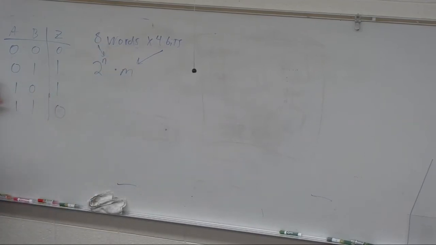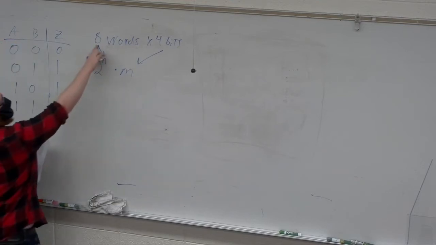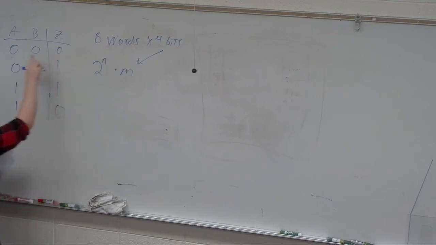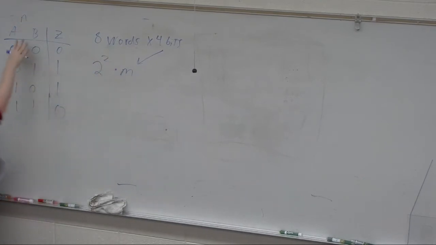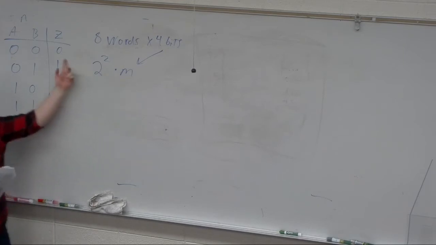So we have here, where n is the number of inputs, 2 to the 2. So this is 4 words, right? And then m bits, we just have 1.